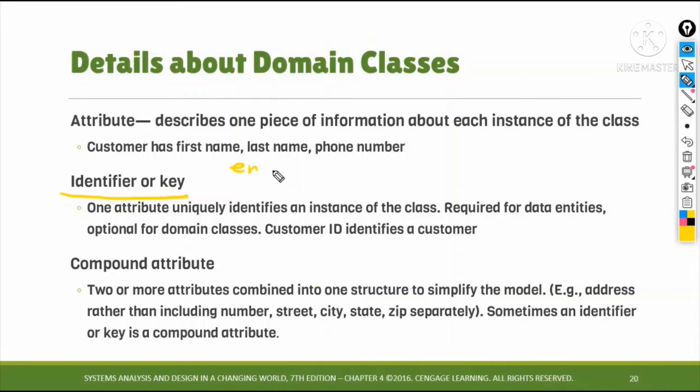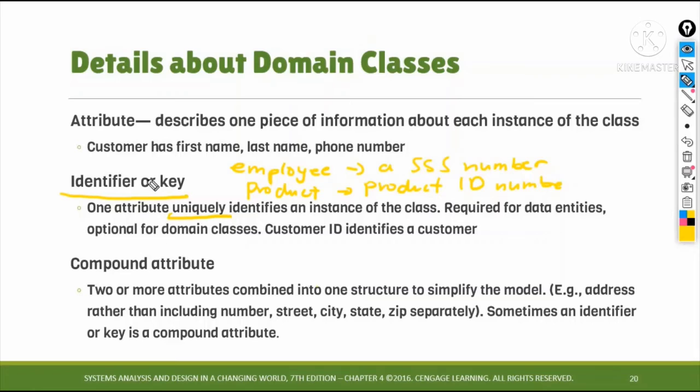For example, again, an employee has a social security number, say SSS number, or for an order or a product, there is a product ID number. So one attribute uniquely identifies an instance of the class. It is required for data entities, optional for domain classes.